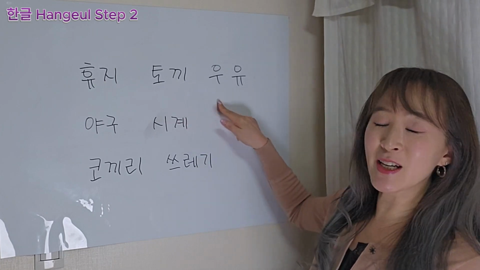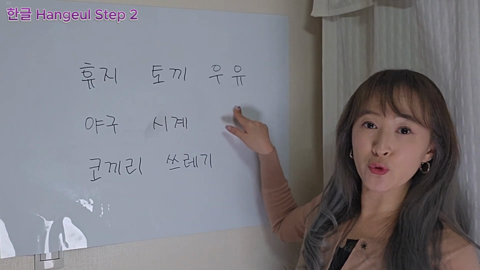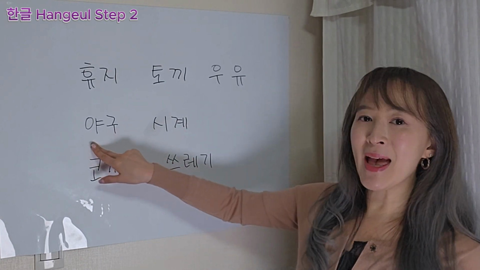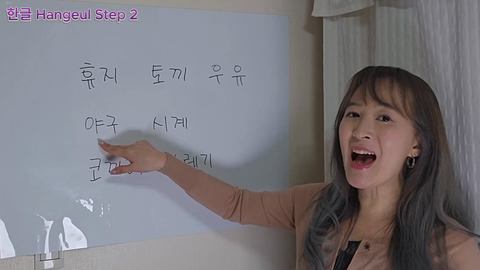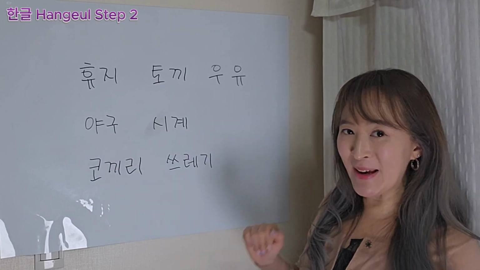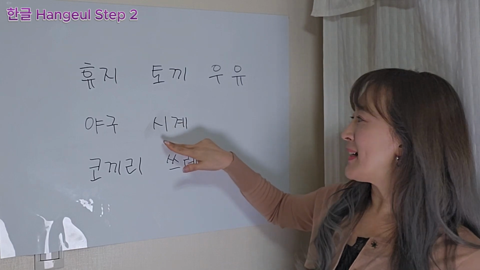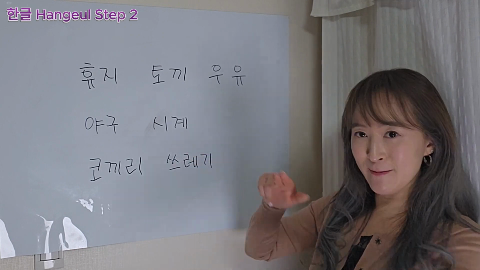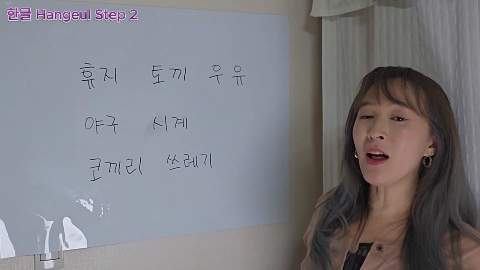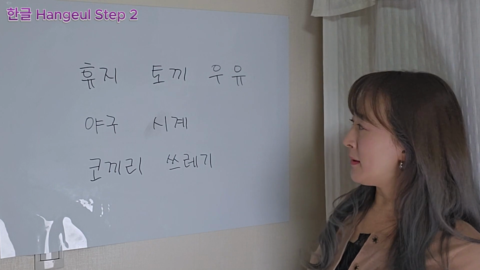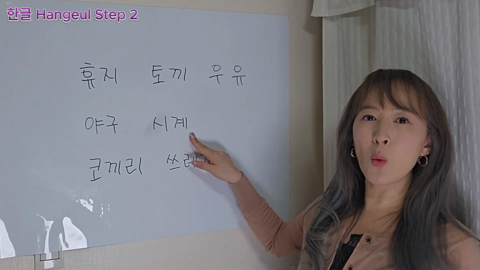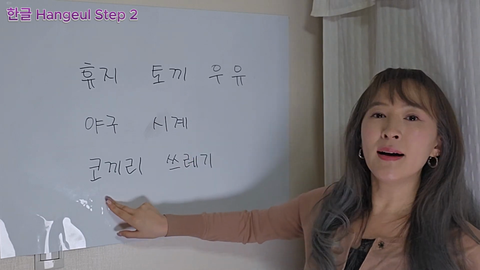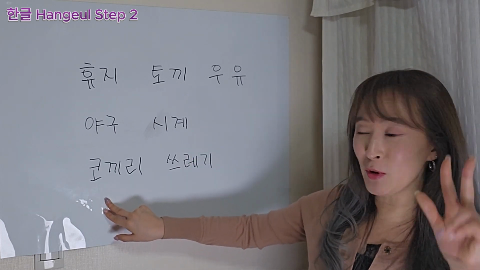A rabbit. 우유. 우유 means milk. 야구. 야구 means baseball. 시계. 시계 means clock or watch. Well, you can use this word for both clock and watch. It has 3 syllables, right?